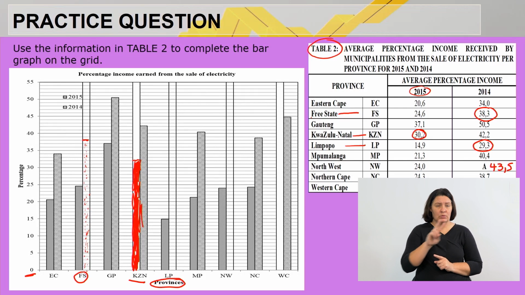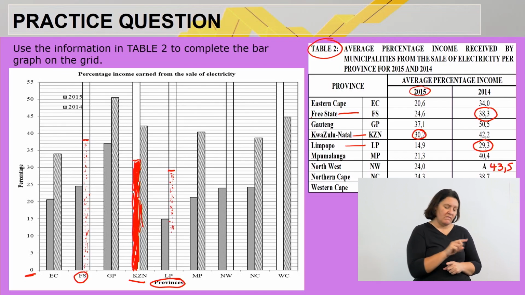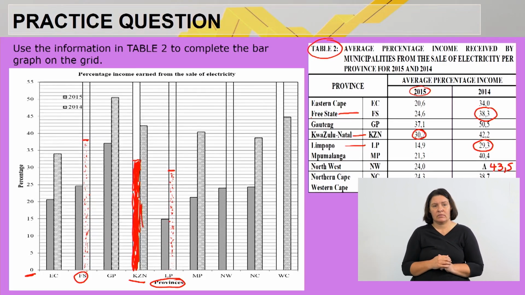So 29,3 will be there, more or less in the middle. We agree. And remember now, it is for the year 2014. So therefore, I'll just do it as a dotted line to basically distinguish it from 2015. Okay, so there it is for our Limpopo province, completed.